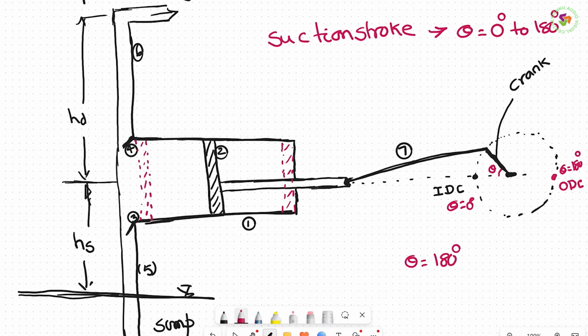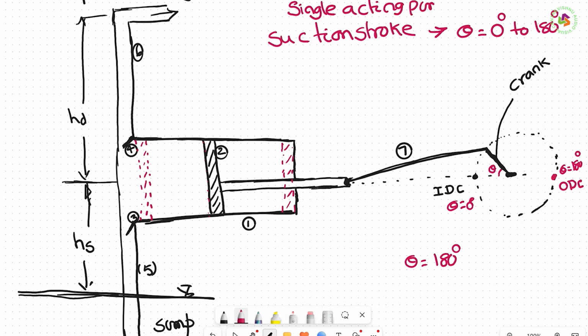And remember, the liquid is in contact with the piston only on one side, on this side of it only. So that is why we call this a single acting reciprocating pump.